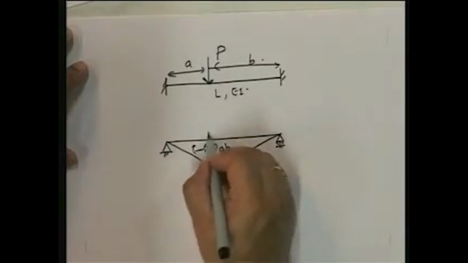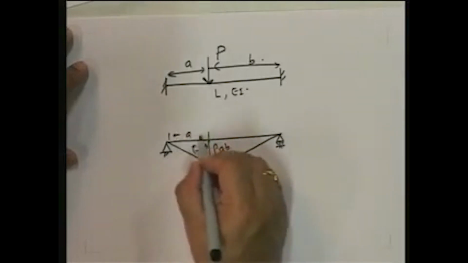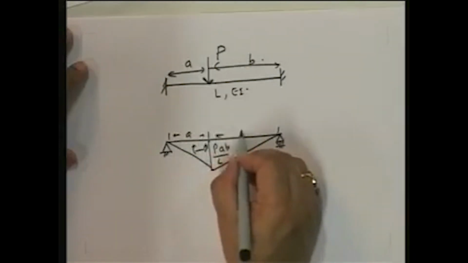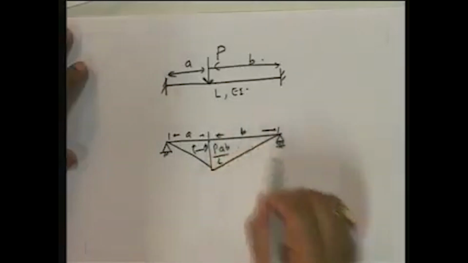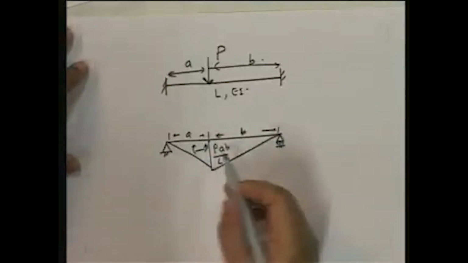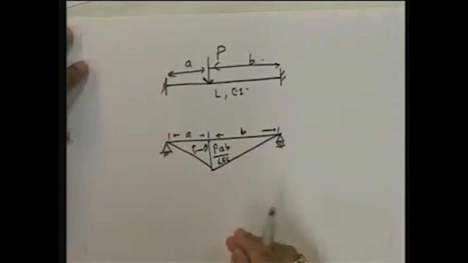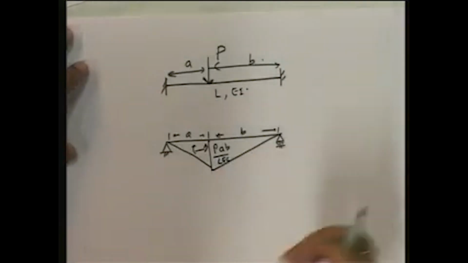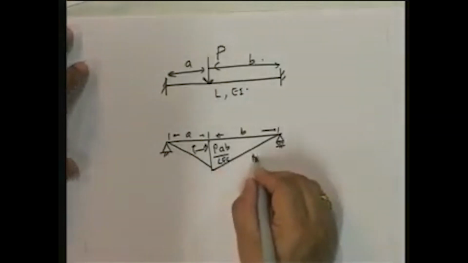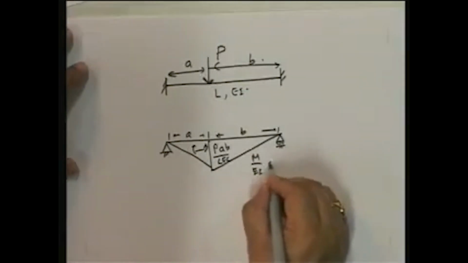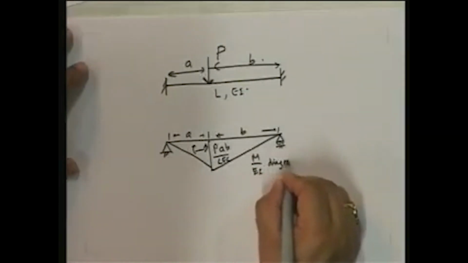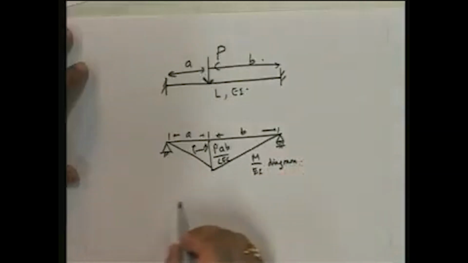Note that if you draw this, you will see the bending moment diagram looks like this. So this is my bending moment diagram, and the load is going to be the M by EI diagram.